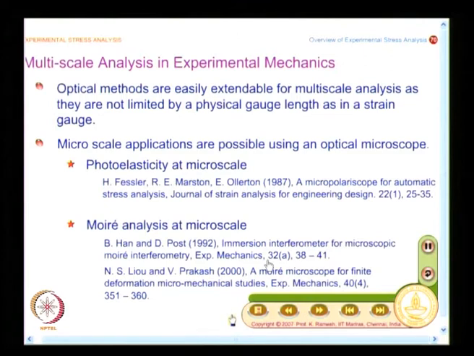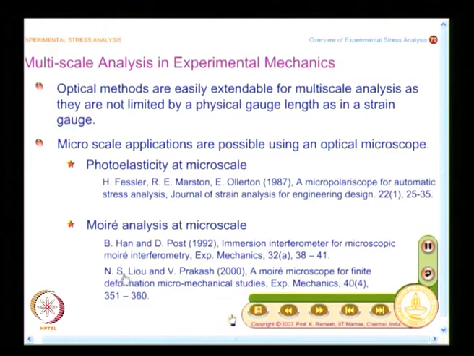And you could have a look at those papers. And N.S. Leo and V. Prakash in 2000, they have come out with a Moire microscope for finite deformation micromechanical studies, again in Experimental Mechanics, and you have the page numbers.